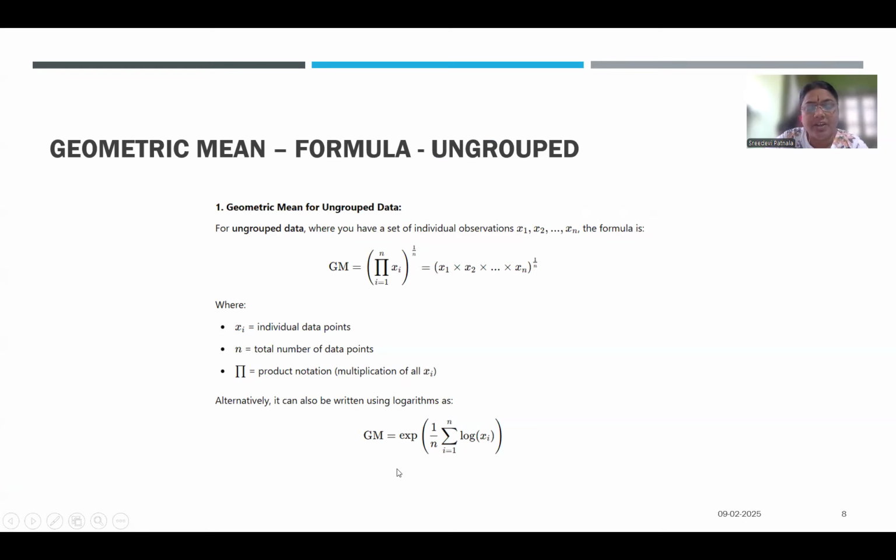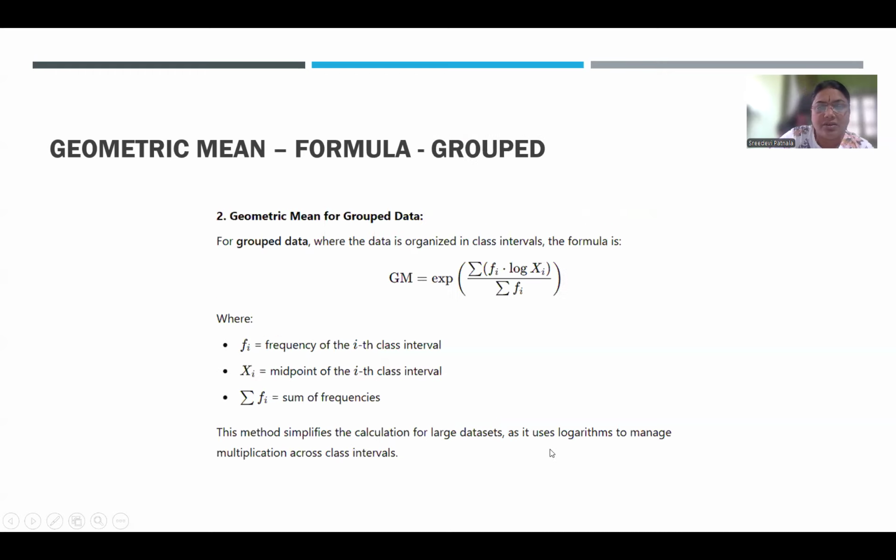Alternatively, it can be called the exponential of 1 by n summation of log xi. For grouped data, the formula is the exponential of summation of fi log xi divided by summation of fi.